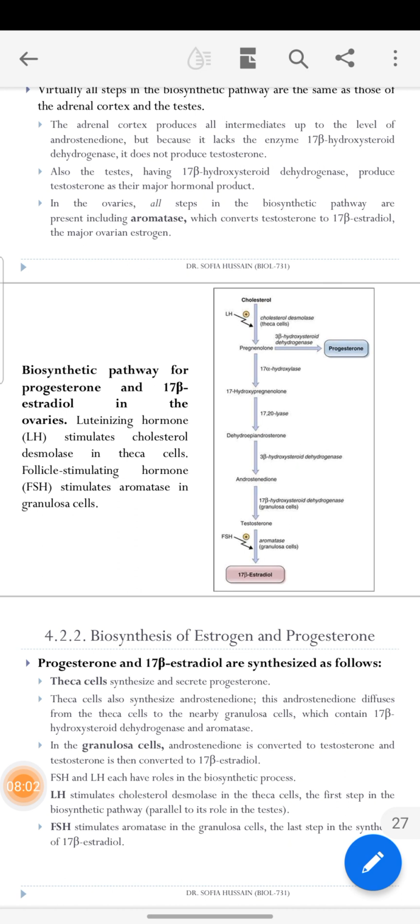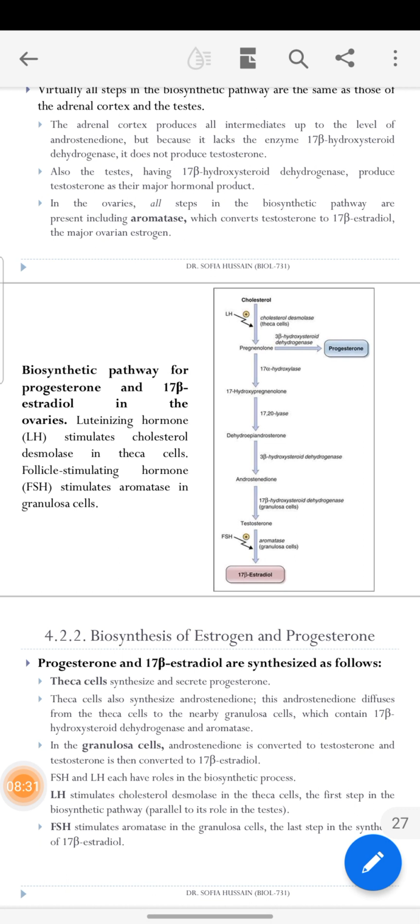Theca cells are also involved in producing 17 estradiol, secreting progesterone, and theca cells diffuse and contain hydroxysteroid dehydrogenase. Aromatase is linked with estrogen and progesterone, and the granulosa cells convert testosterone and then it is converted into 17 beta estradiol.